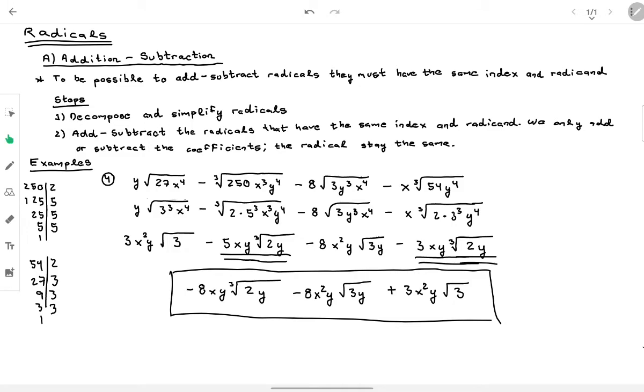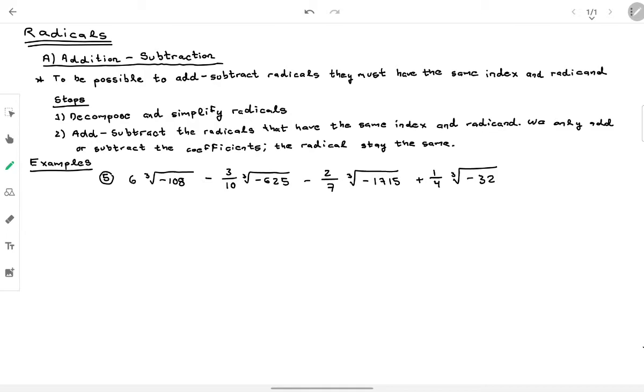Let's see another example. So let's see this exercise. All of them are cubic roots of negative numbers. So maybe the first step we can do is take out the negative sign from the inside of the roots, and it's going to be minus 6 that multiplies the cubic root of 108.